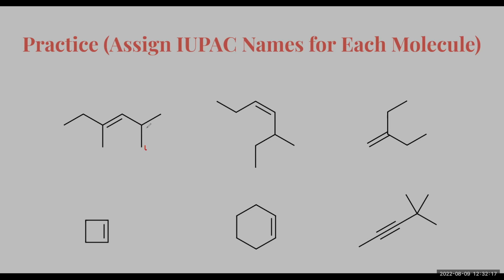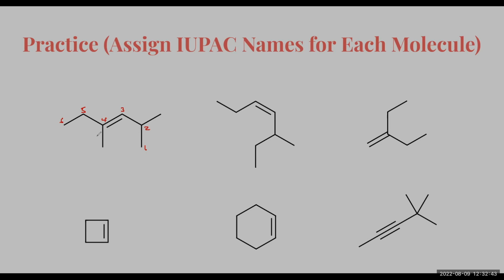So we can choose 1, 2, 3, 4, 5, and 6, or we could also put this as our 1. In this case, it wouldn't change the name because no matter what, there's going to be a methyl hanging off the 2. Once again, I'm going to identify these substituents.